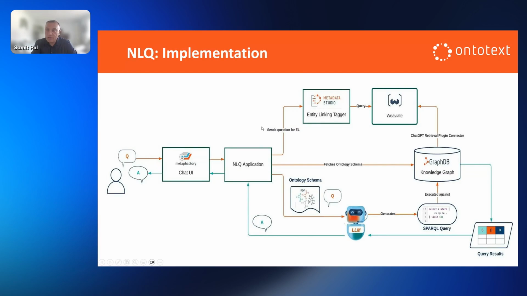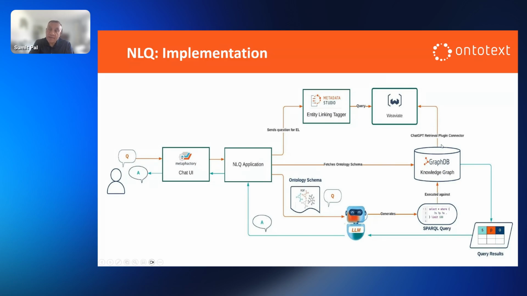For the last couple of slides, we'll look at some of the higher-level architecture diagrams about how we implemented NLQ, natural language querying, that is talking to your graph, where you can pass the ontology to the LLM that can generate SPARQL queries. This is not our proprietary language, it's a web standard query language that can query the knowledge graph.